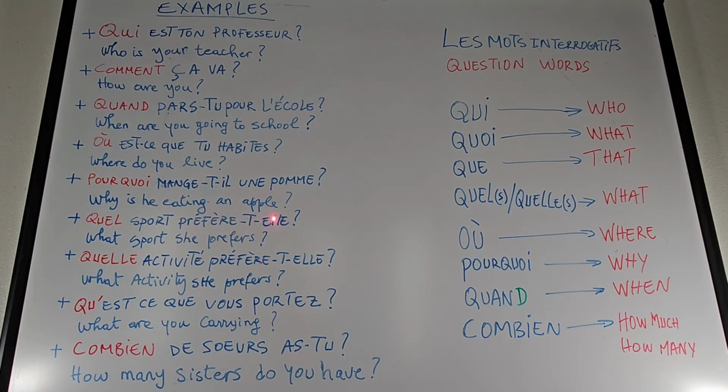When asking a question, when the verb ends with a vowel and the subject begins with a vowel, you always add this T and separate it.